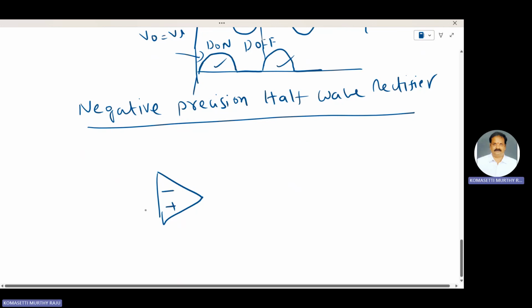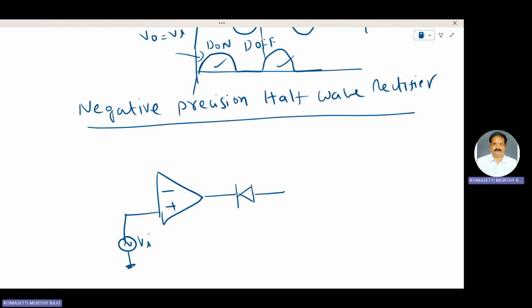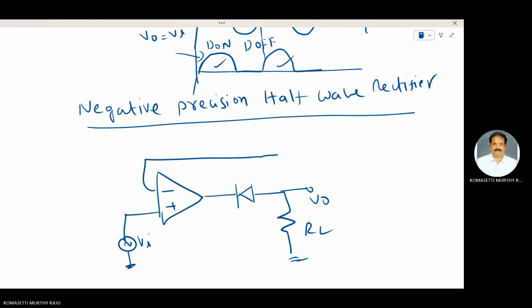Minus plus. This one is Vi. The diode is reversed compared to the positive precision rectifier. This one is RL. This one is V0. This one is diode D.